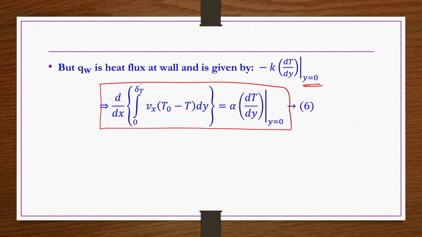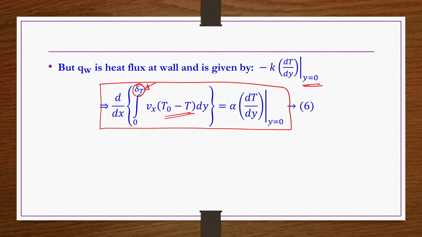Here also the upper limit of integration has been changed from h to delta t, because we wanted to have this integral energy equation for the boundary layer region only, which is encapsulated between y equals 0 to y equals delta t, and it is a function of x.